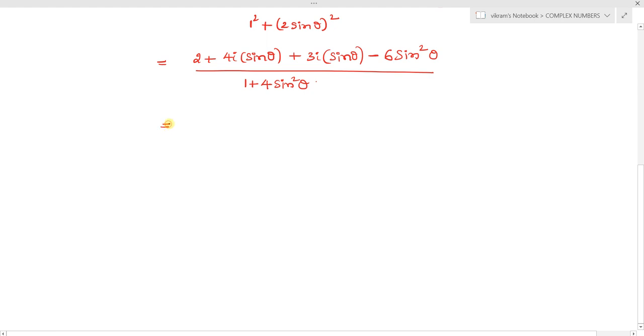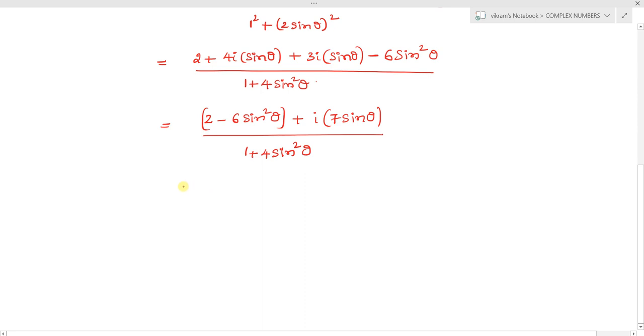Separate the real and imaginary parts in the numerator. What will we get? 2 minus 6 sine square theta is the real part in the numerator, and the imaginary part is i times 7 sine theta, all by 1 plus 4 sine square theta.